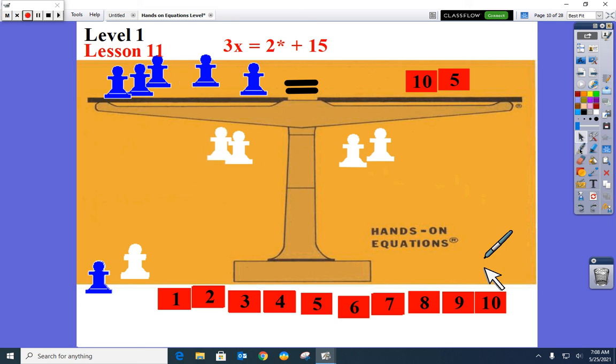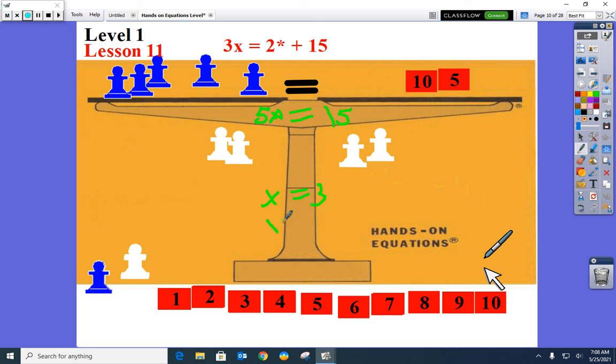That leaves me with a simplified equation of 5x equals 15. That means that x will equal 15 divided by 5, which is 3.